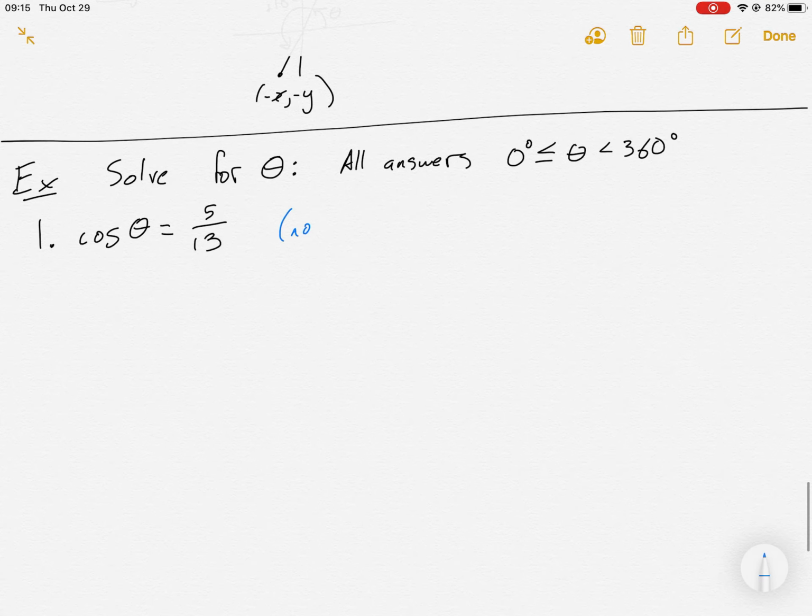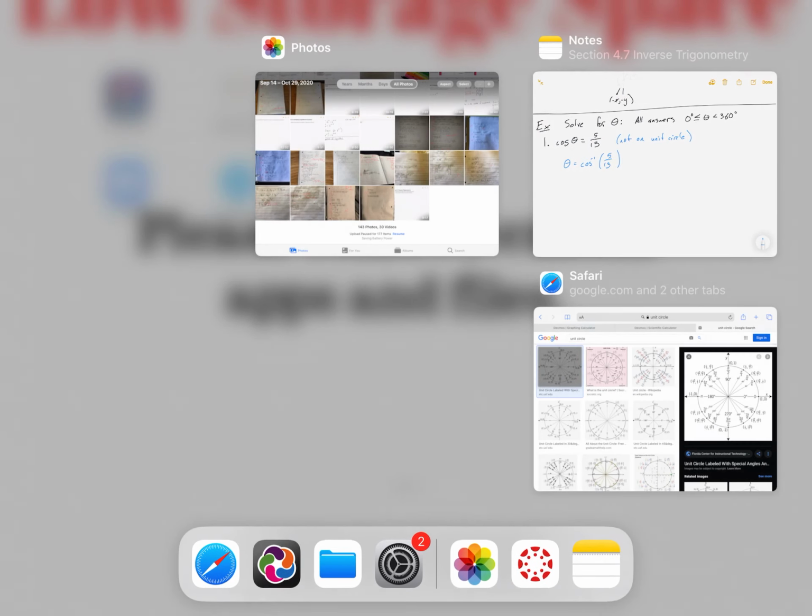So this is not on the unit circle, and so that means we have to go back to the original topic, which was inverse trig functions. So we'd say, well, theta equals cosine inverse of 5 over 13. I don't have this off the top of my head.